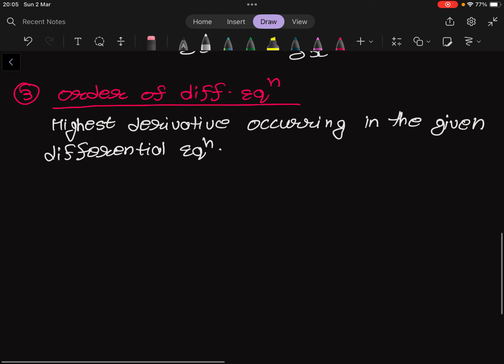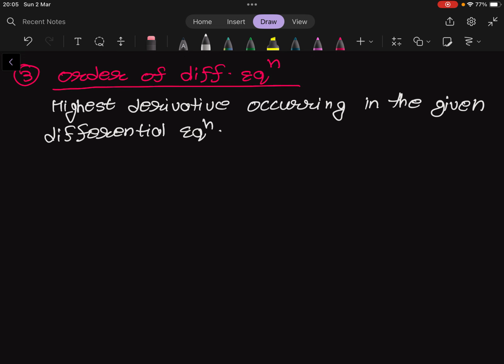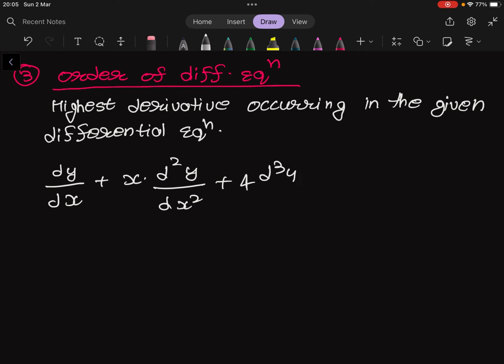So let's see an example. If we want to find out the order of a given equation, suppose our equation looks like this: dy by dx plus x dot d square y dx square plus 4 d cube y by dx cube plus d4y upon dx4 is equal to some source term 4xy.